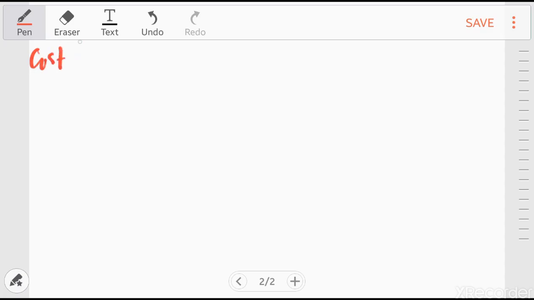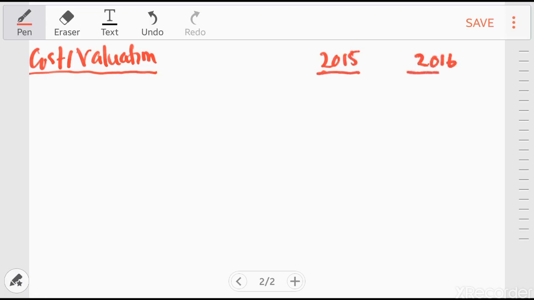So this is the cost or the valuation. And I put here the years. We have 2 years here. One is 2015. Another one is 2016.